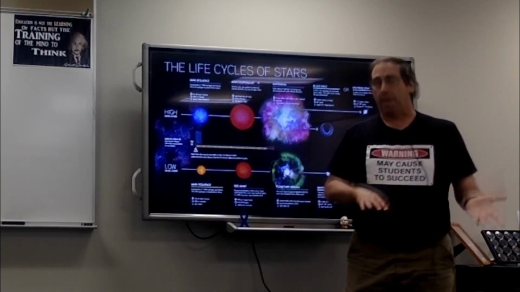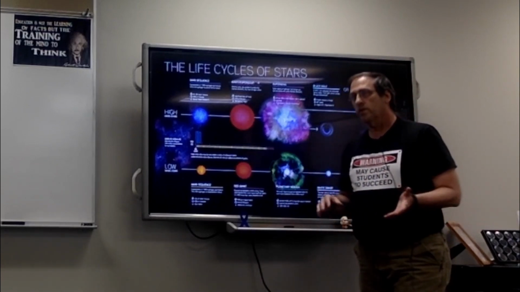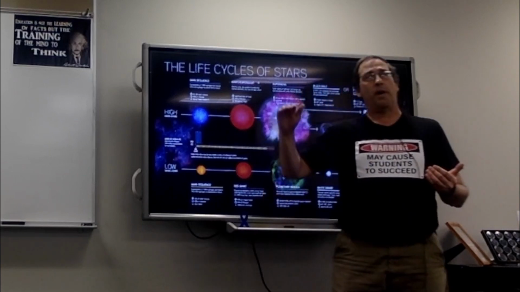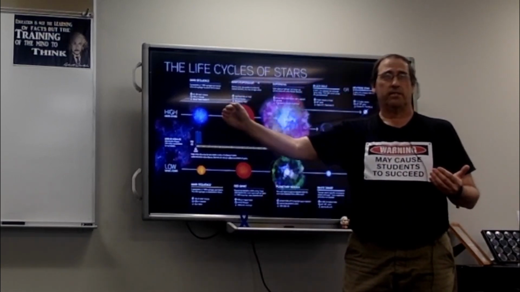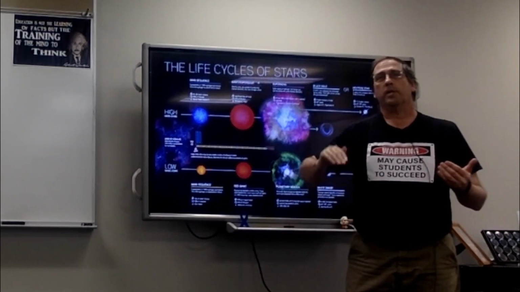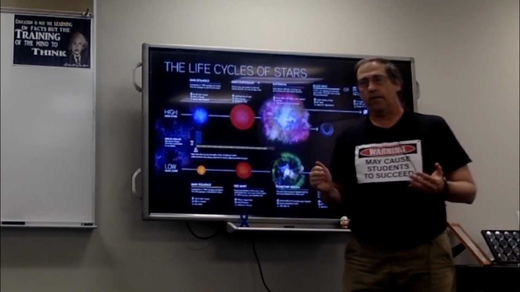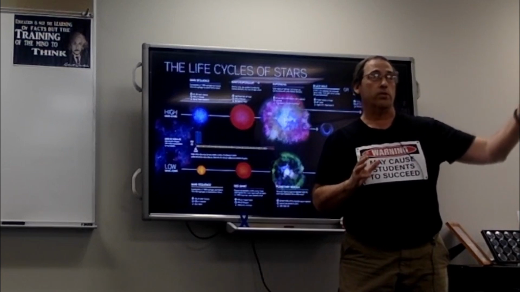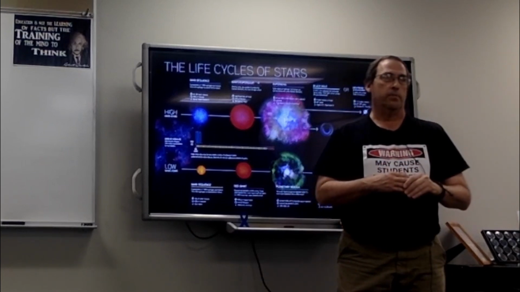Now, a medium mass star, so think 0.4 solar masses up to about 8 solar masses. This is an intermediate mass star, and most of them, when they're on the main sequence, are going to have a yellowish look because of their surface temperatures.